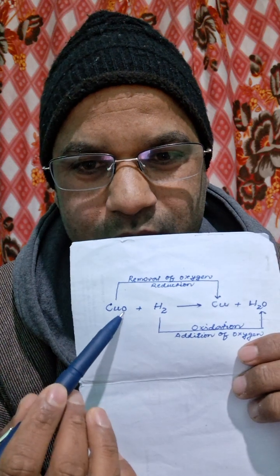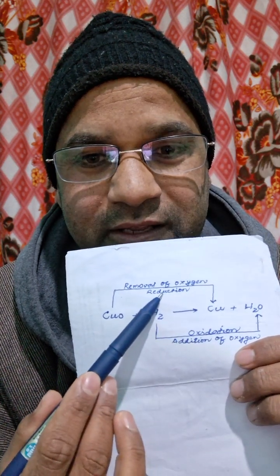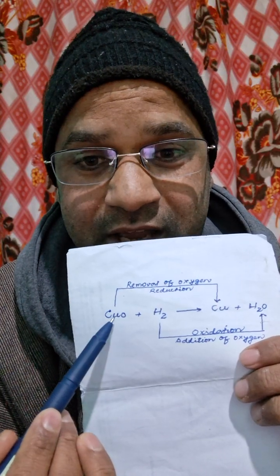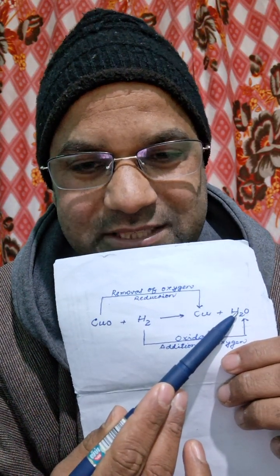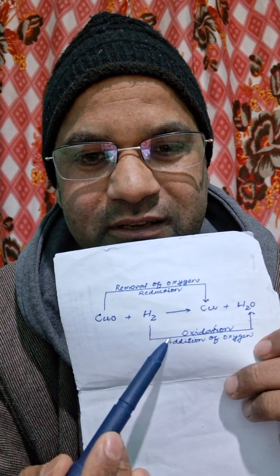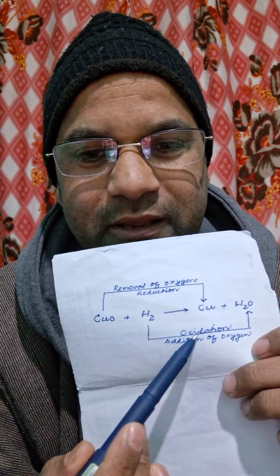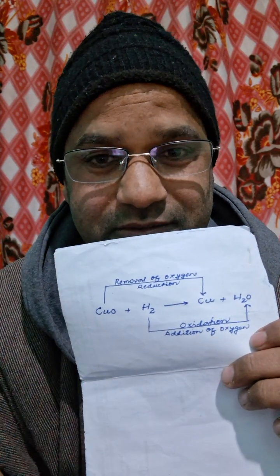As far as this example is concerned, this CuO copper oxide, आप देख लीजिए इस पे reduction हुआ है, therefore it's an oxidizing agent, क्योंकि ये दूसरे substance को oxidize करवाने में मदद करता है। As simple as that. अब as far as hydrogen gas is concerned, यहाँ पे oxidation हुआ है, there is obviously the addition of oxygen to it, but it's a reducing agent.